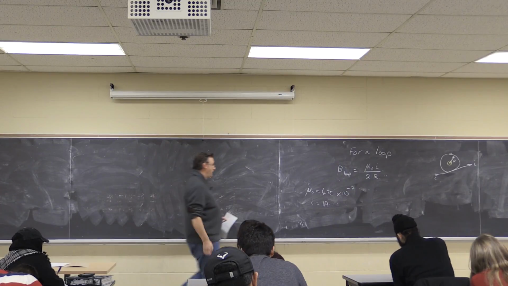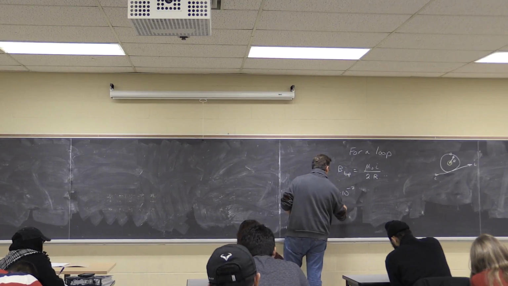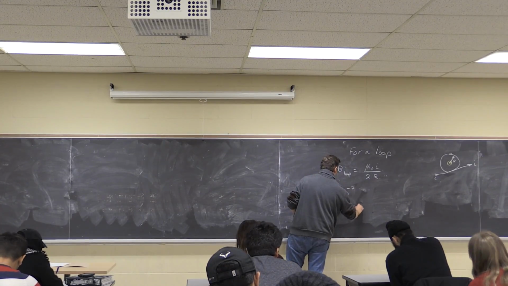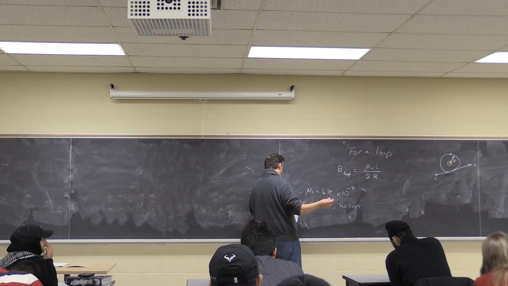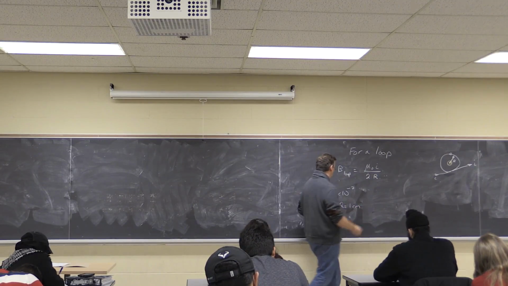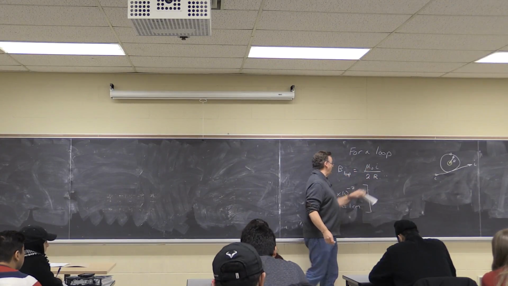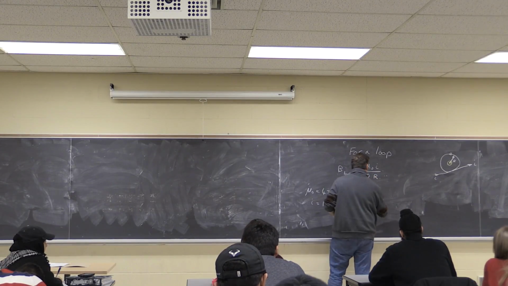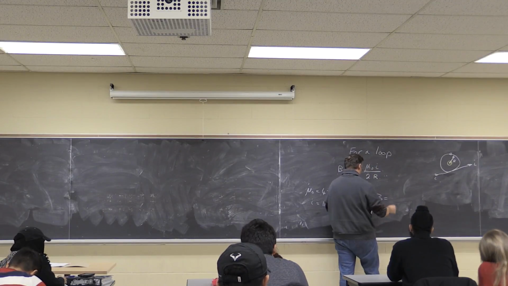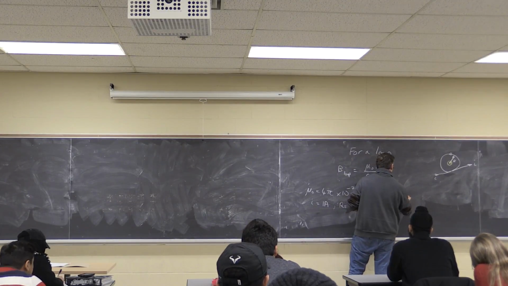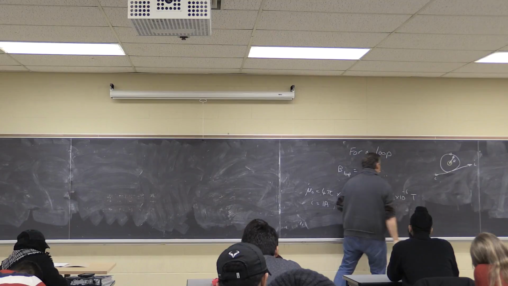And let's say a radius of 1 centimeter. And that's all we need. So we plug mu naught, I and R in there, and we get a magnetic field of 6 times 10 to the minus 6 Tesla.